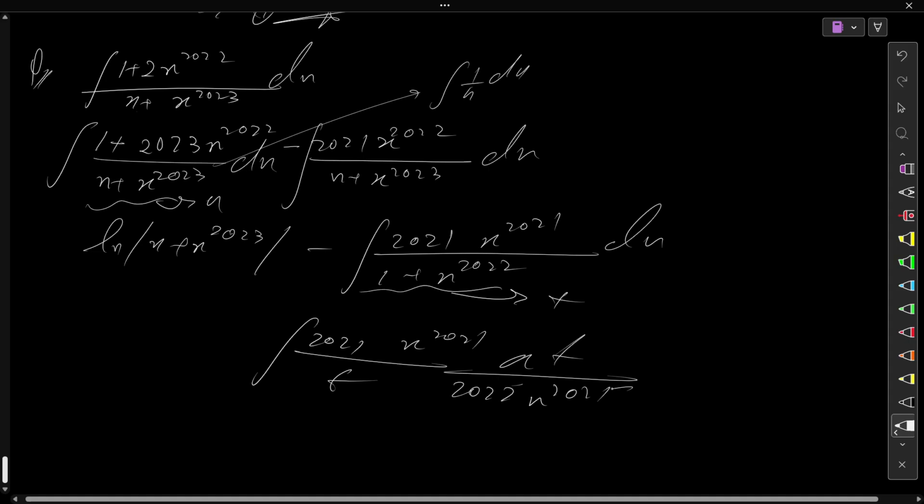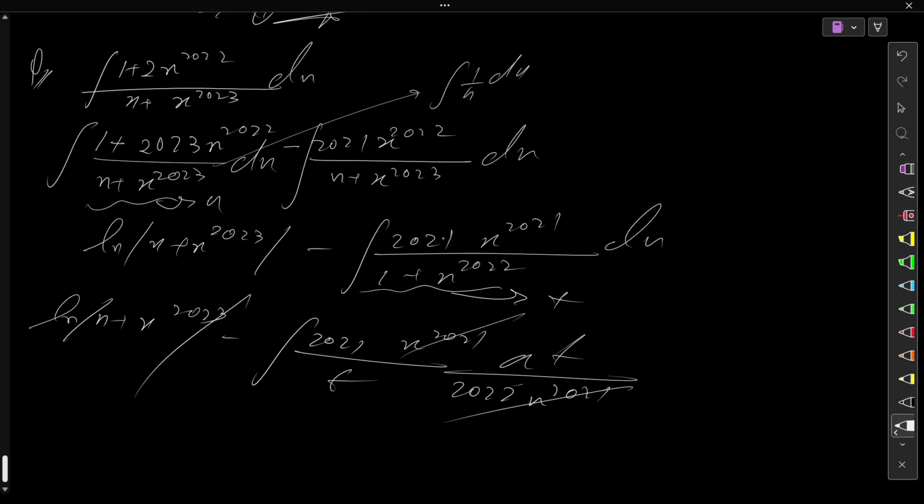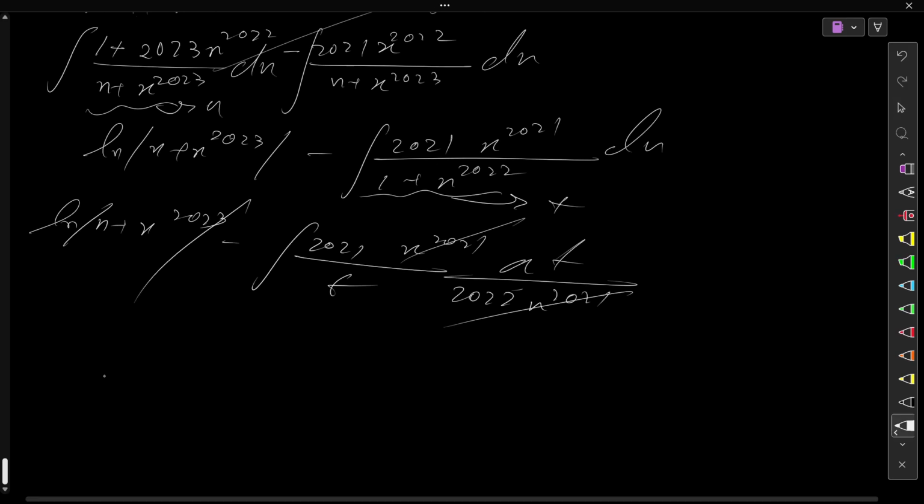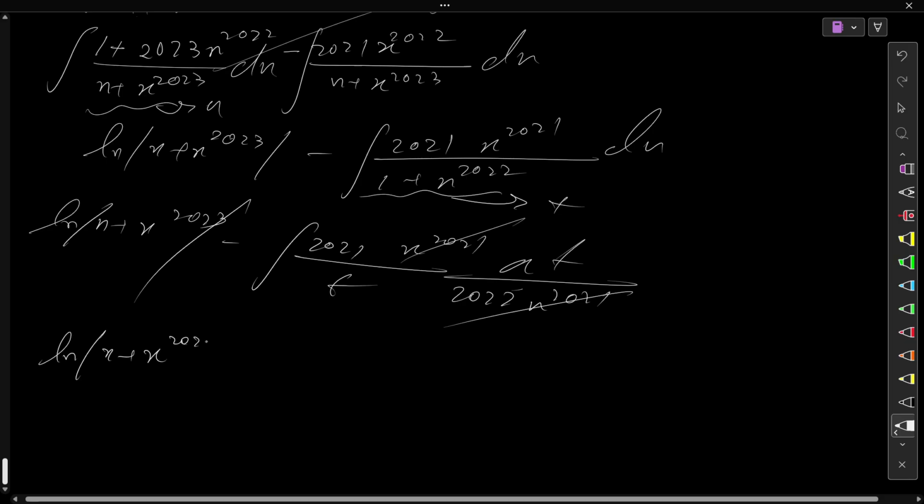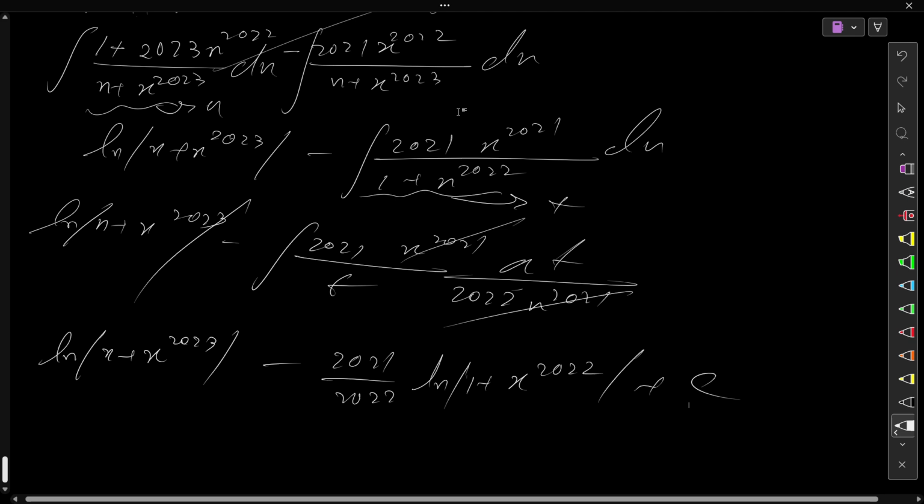So this will get cancelled. So ln mod of x plus x to the power of 2023 mod closed. So from there, this could be written as ln mod of x plus x to the power of 2023 minus 2021 by 2022 ln mod of t, and t is equivalent to 1 plus x to the power of 2022, plus c, right?